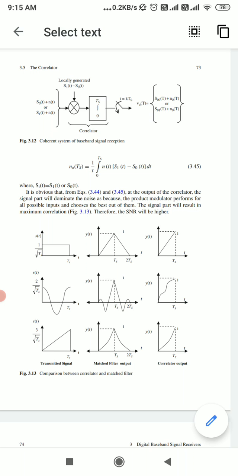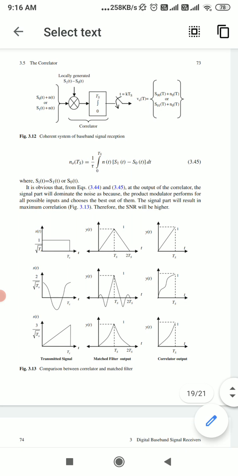So, if we give a sine wave input to the correlator, the correlator output is a linear ramp. You can see the second diagram. If you give a sinusoidal waveform, you will get the ramp.